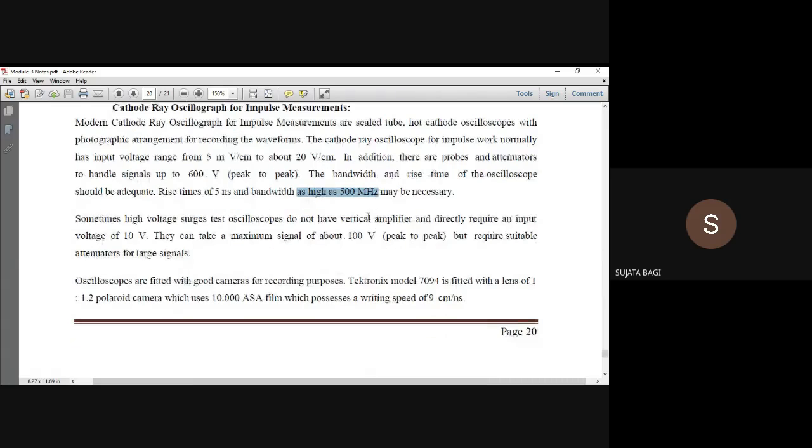Sometimes the high voltage surge test oscilloscopes do not have a vertical amplifier. If no vertical amplifier is used, they directly require an input voltage of 10 volt, and they can take a maximum signal of about 100 volts.